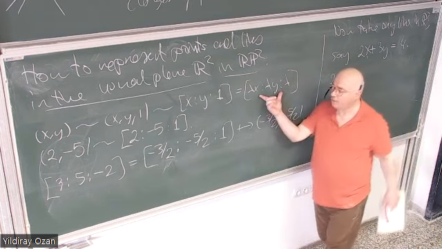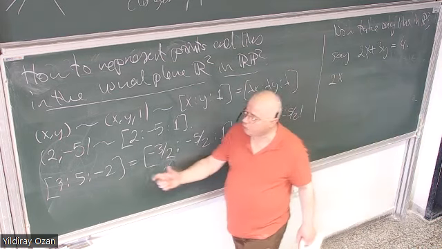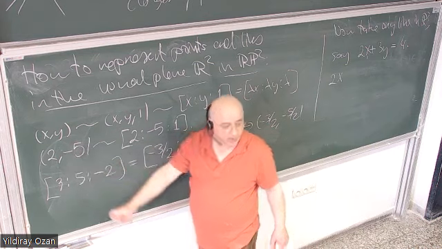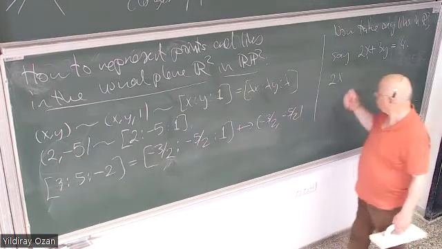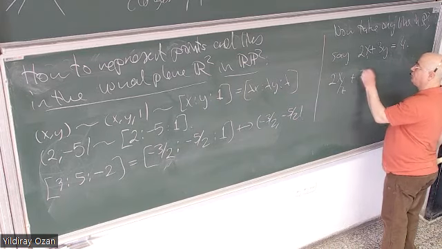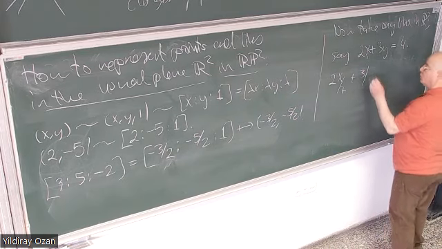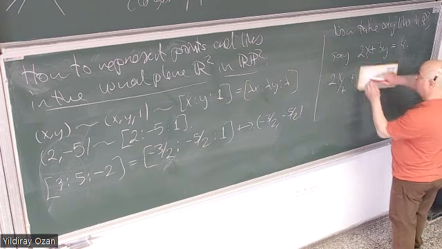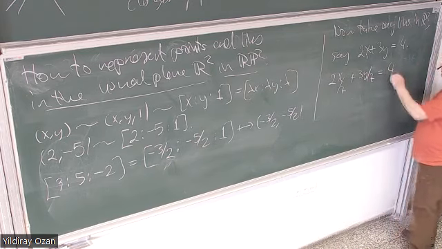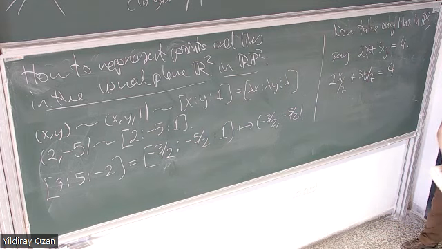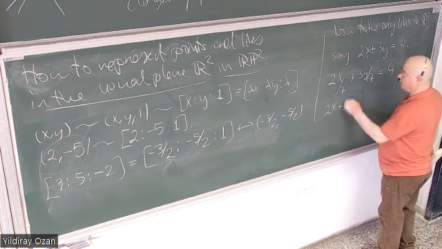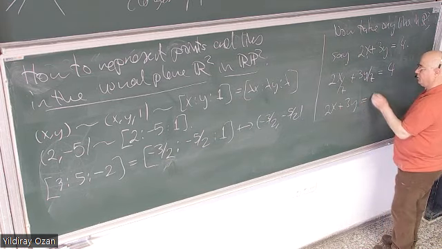Buradaki koordinatlar verildiğinde onun Euclidean koordinatları x bölü z ve y bölü z ya. O zaman bunu şöyle yapayım. Bu 2x bölü z artı 3y bölü z eşittir 4 yazayım. Tamam mı? Sonra da her tarafı z ile çarpın. 2x artı 3y eşittir 4z.